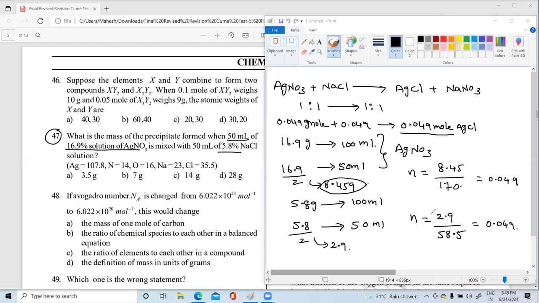Moles we know, then it is easy to find the mass. So n equals given mass by molecular weight. So mass is 0.049 into molecular mass of AgCl, which is 143.5. On simplification, we'll get 7 grams as the correct answer. Okay, next.